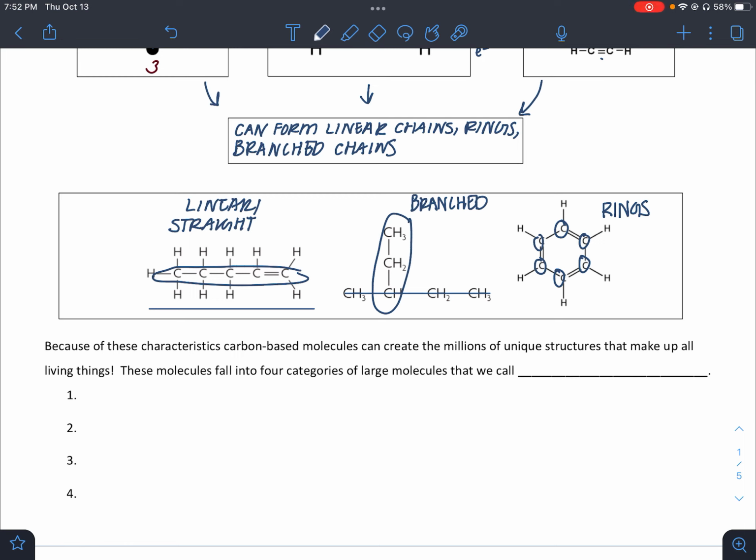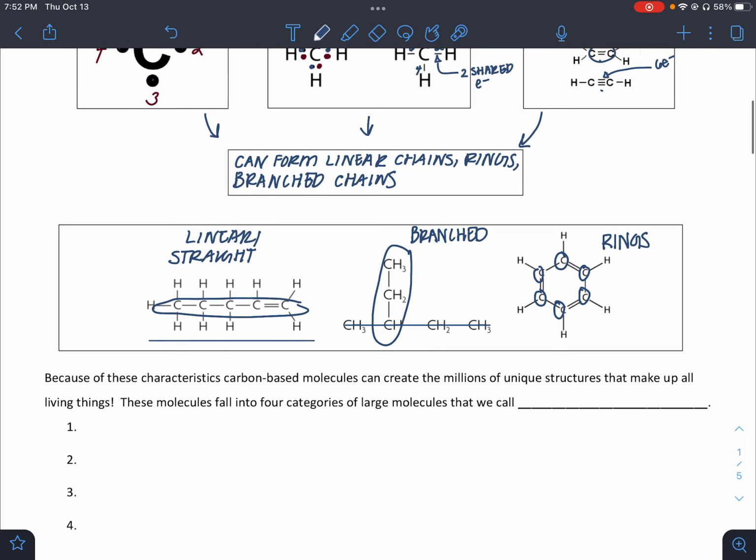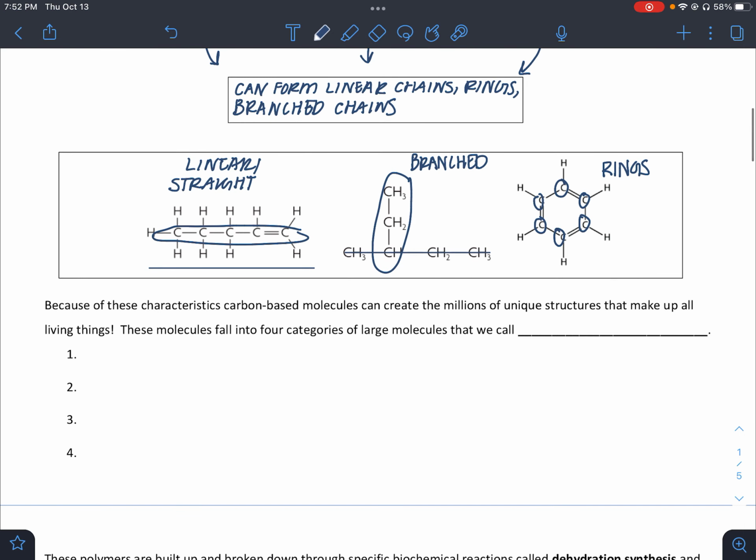So lots and lots of different structures we can make, all because of the properties of carbon. Again, carbon can form literally millions upon millions of unique structures, and these are the molecules that make up all living matter or all living things.